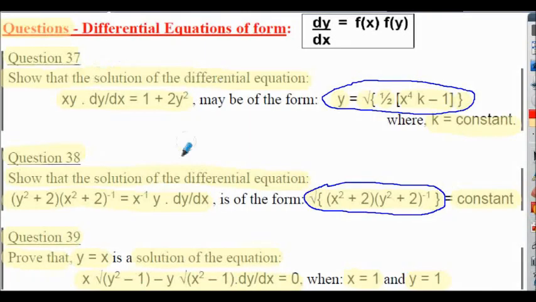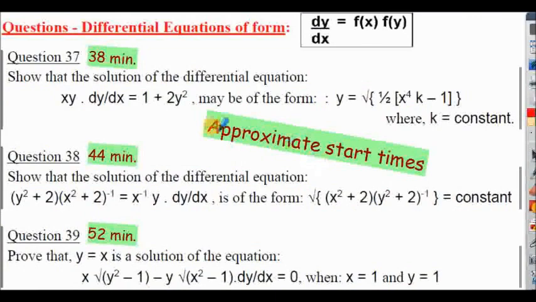Whereas in question 37 and 38, these are general solutions, so we will have a constant within our solutions. And here are the approximate start times related to questions 37, 38 and 39. Again, all times are rounded to the nearest minute.